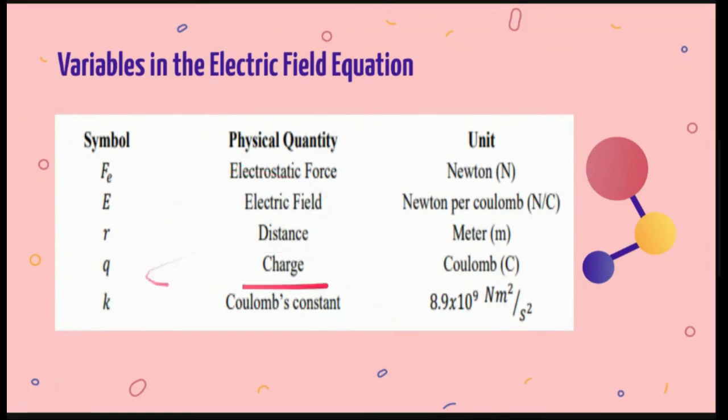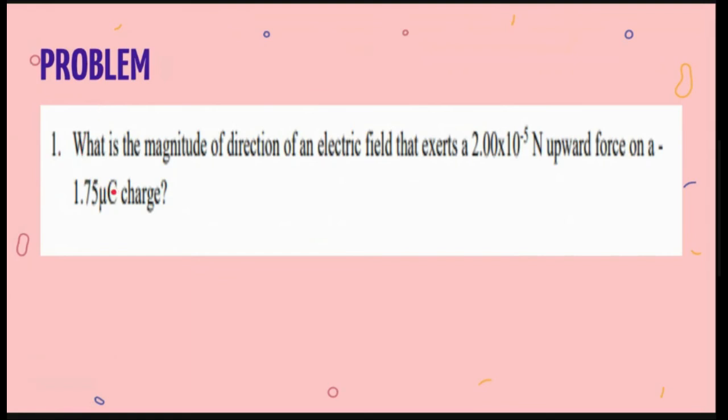Okay, now let's put the equation to the test. What is the magnitude and the direction of an electric field that exerts 2 times 10 to the negative 5 Newton upward force on a 1.75 microcoulomb charge?